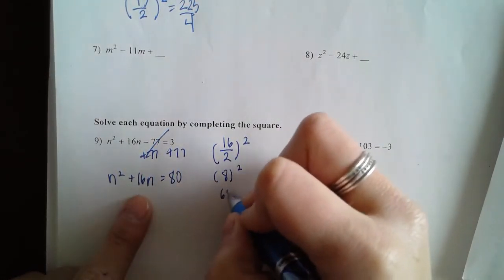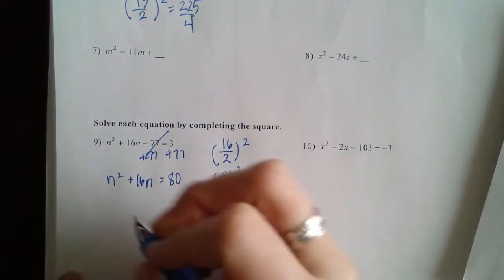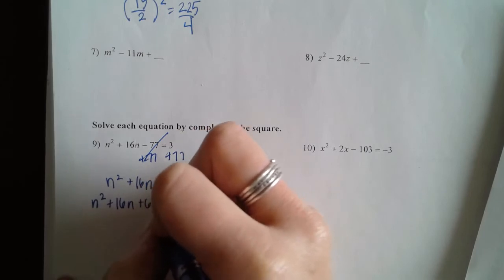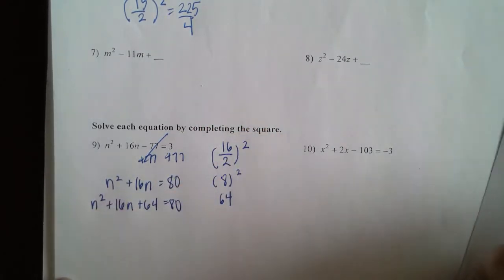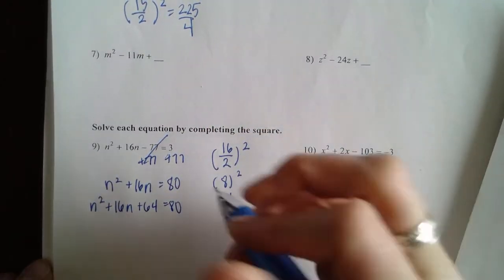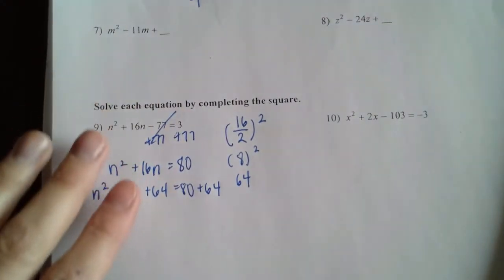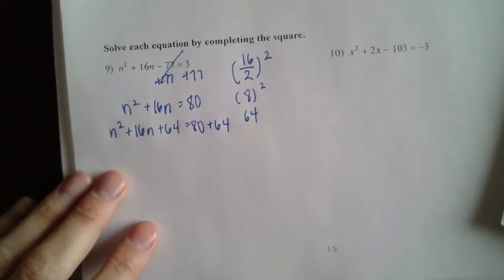Squared is 64. So we have n squared plus 16n plus 64 equals 80, and we have to keep our equations equal, so we also have to add 64 to this side.